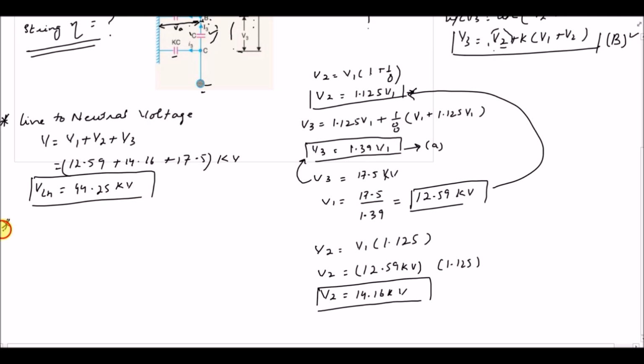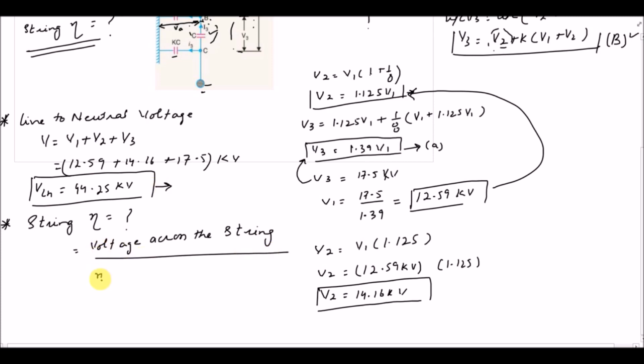The second part is we have to calculate the string efficiency, and the formula is voltage across the string, which is equal to V line to neutral divided by total number of insulating discs into V3, the voltage across the disc which is closest to the conductor.